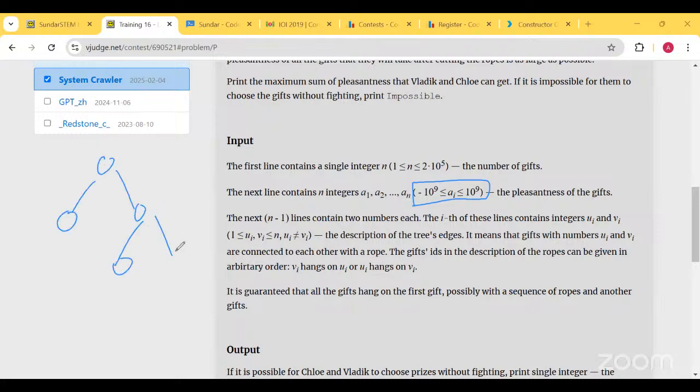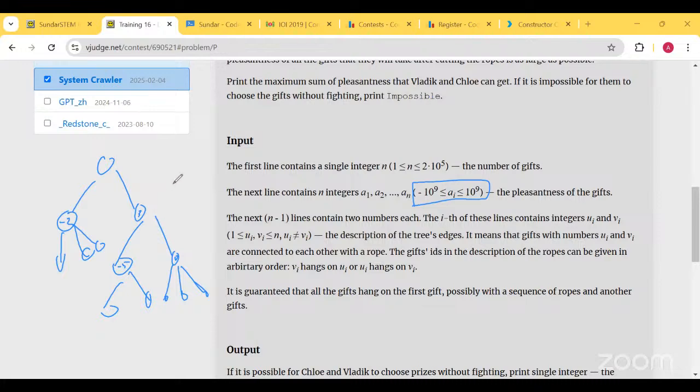For example, there is a tree and the values are like -2, 3, -5, and can be 0 as well. All right. What else?